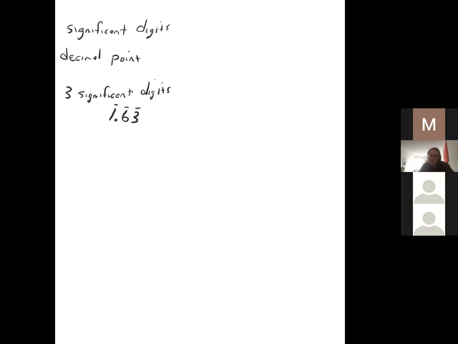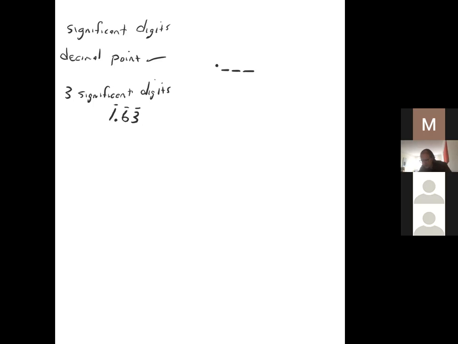So this one has 3 significant digits. If they tell you they want your answer to be 3 decimal points, okay, that's this one right here. Then really what they're saying is they want 3 digits after the decimal point, if that makes sense to you, right?